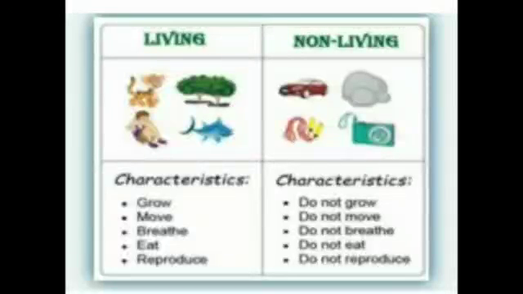The presence of specific features and habits which enable a plant or an animal to live in a particular habitat is called adaptation. There are many types of habitats. However, these may be broadly grouped as terrestrial habitats, on land, and aquatic habitats, in water.